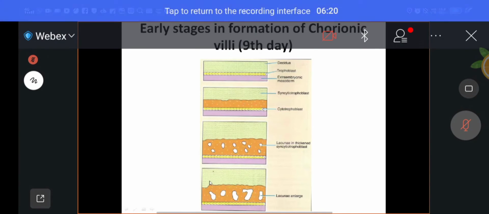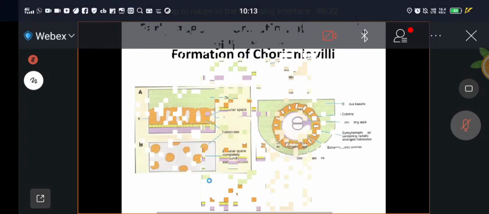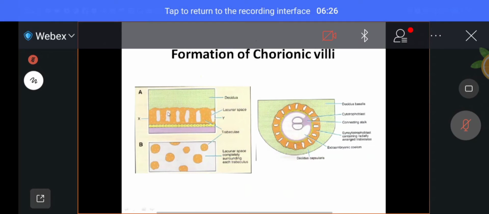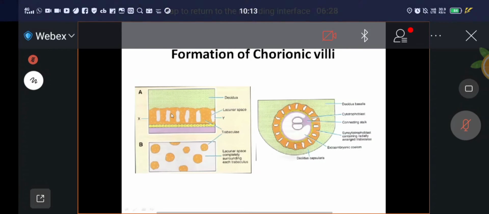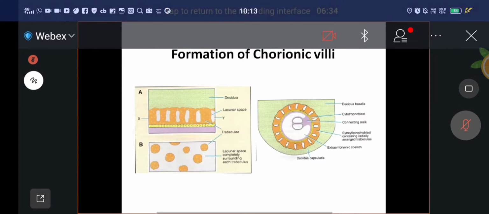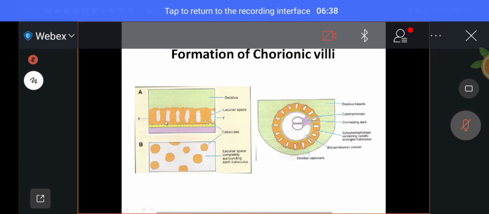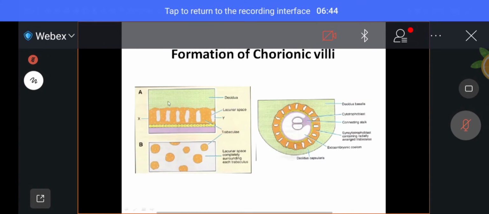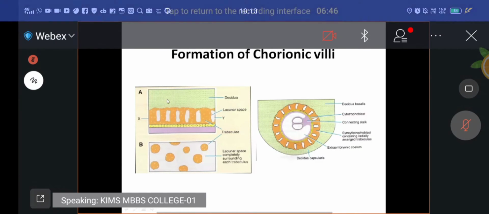You can clearly see they are growing towards the decidua. And once they invade this decidua, the maternal capillaries will be eroded. And the blood in these maternal capillaries of the decidua will be poured into these lacunar spaces. And uteroplacental circulation will be starting.